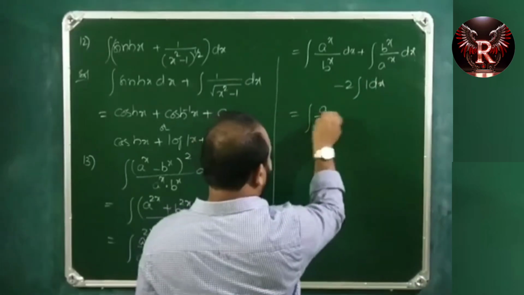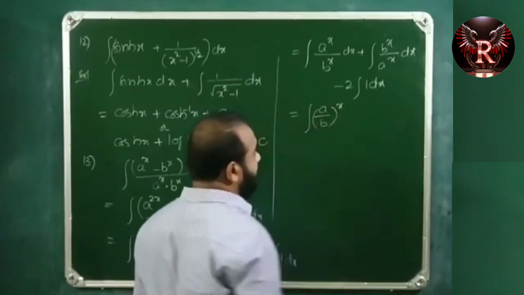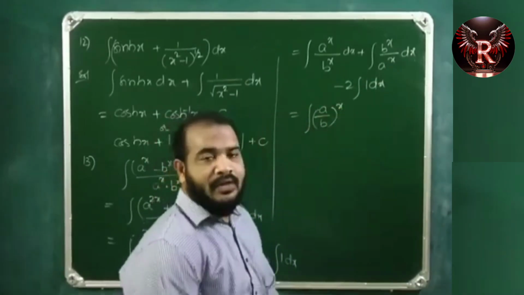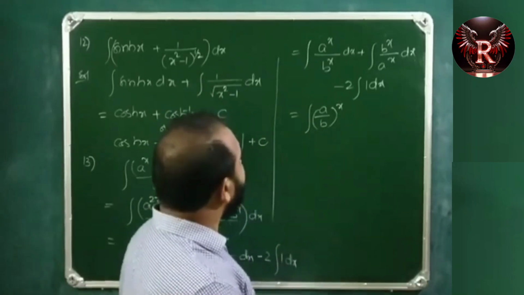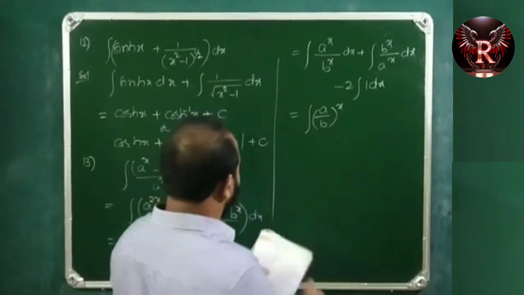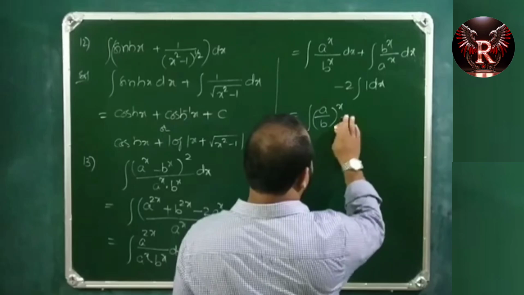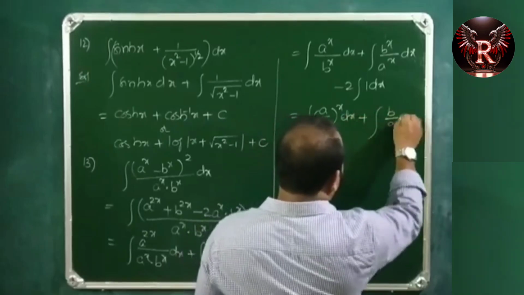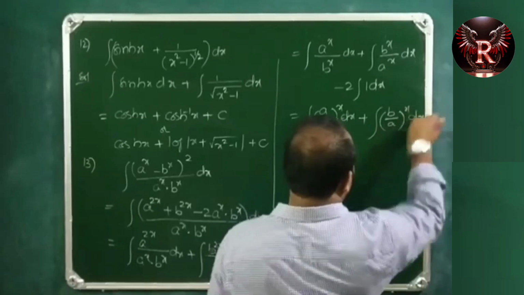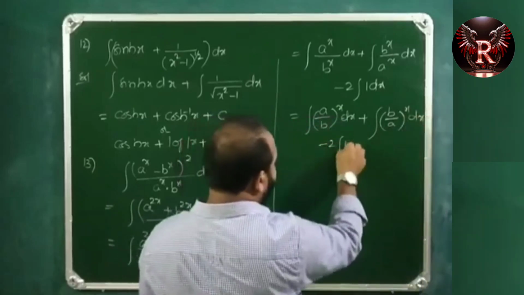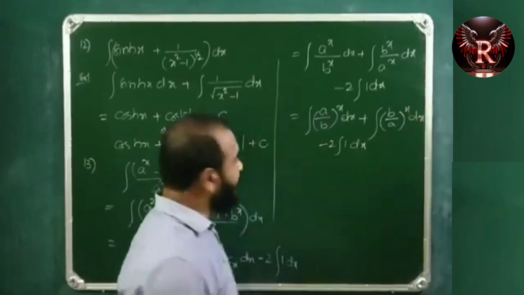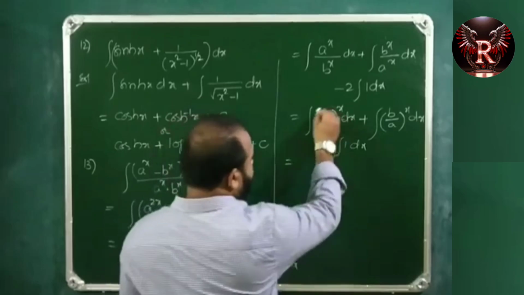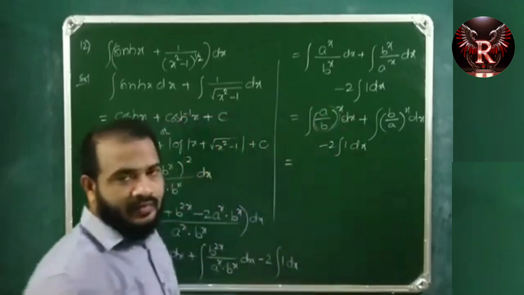So this is equals to (a by b) whole power x, since a power x by b power x is (a by b) whole power x, dx, plus (b by a) whole power x dx, minus 2 integral 1 dx. Let us suppose this to be a.